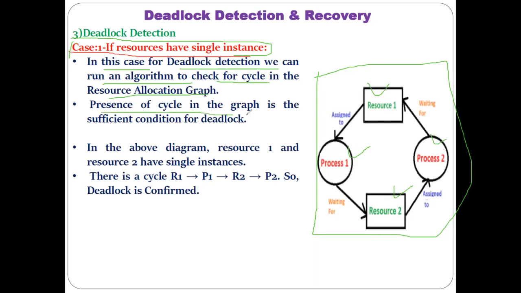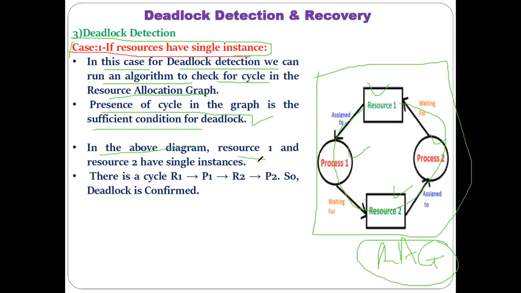The presence of a cycle in this graph is the sufficient condition for deadlock detection. You can see there is a cycle present in this resource allocation graph, for certain resources and processes. Resource 1 and resource 2 are single instances. Understood?